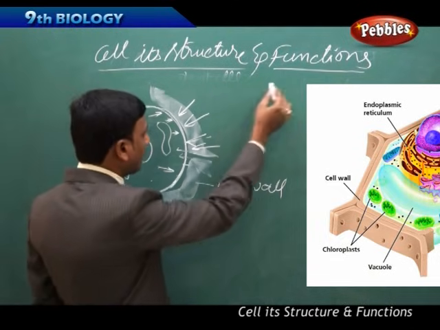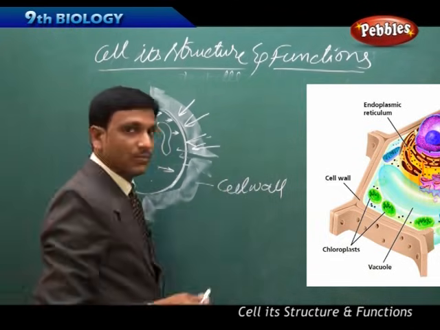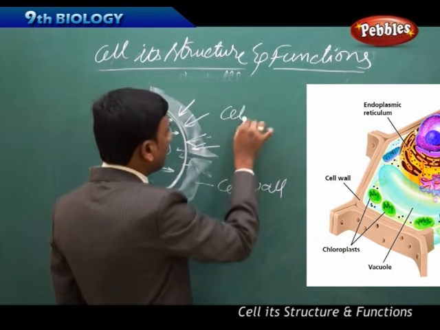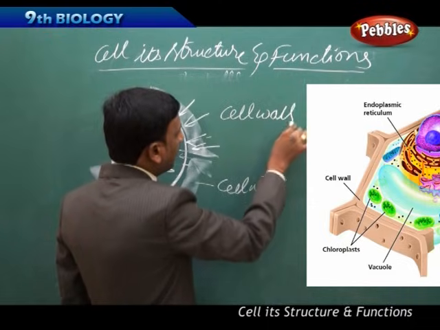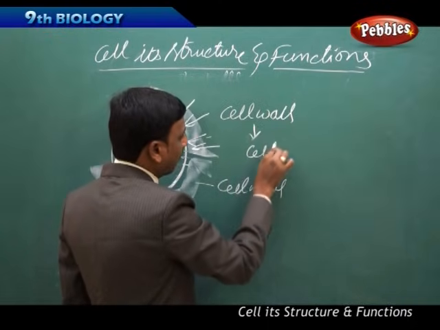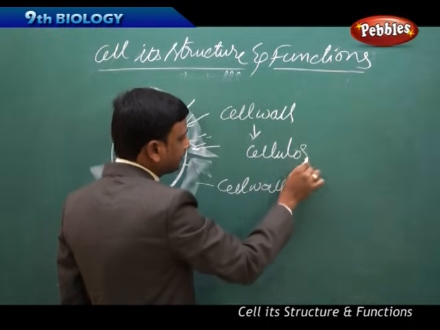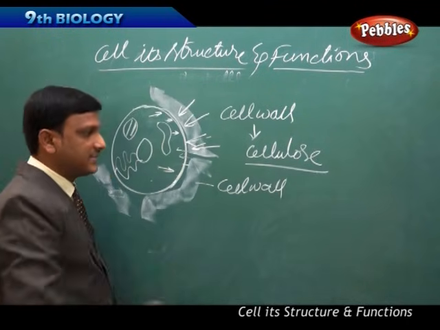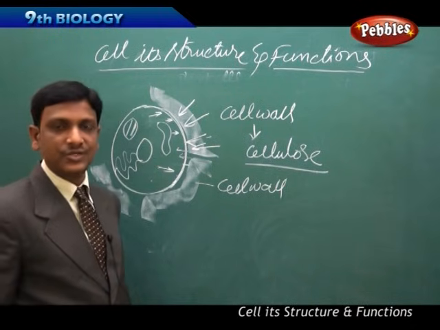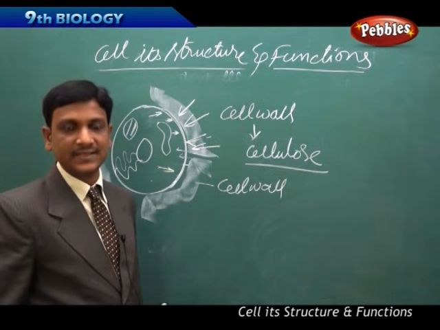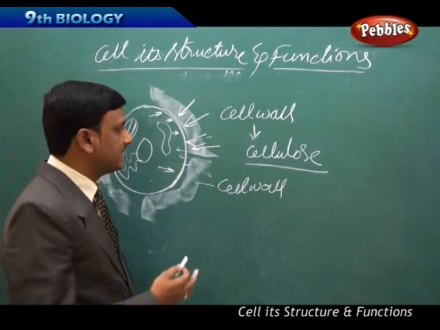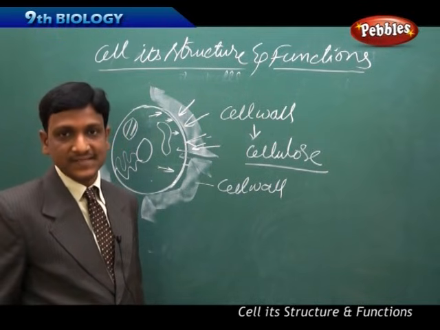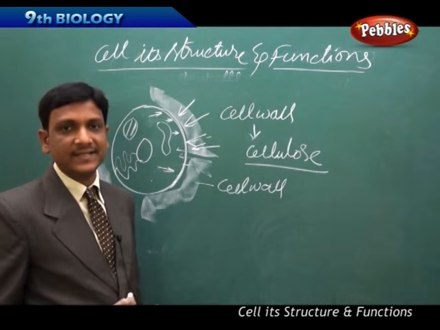We learned that the cell membrane is made up of lipids and proteins. Then what is the cell wall made up of? The cell wall is made up of a material called cellulose. You might have heard this name, cellulose. Cellulose is a kind of carbohydrate. Cellulose is used to make paper. You know that we get paper from trees.